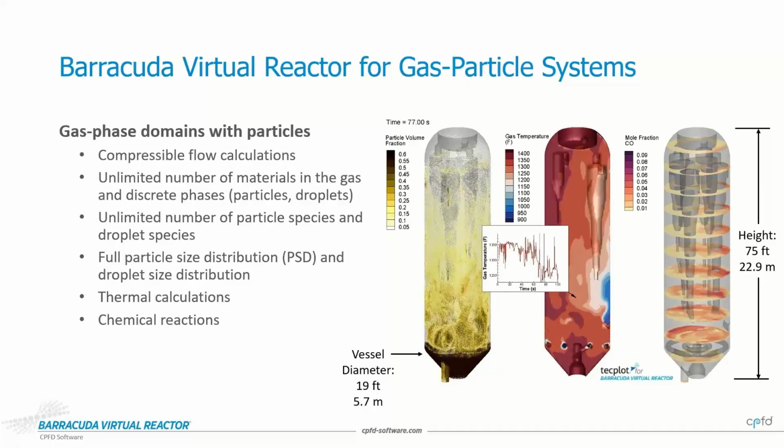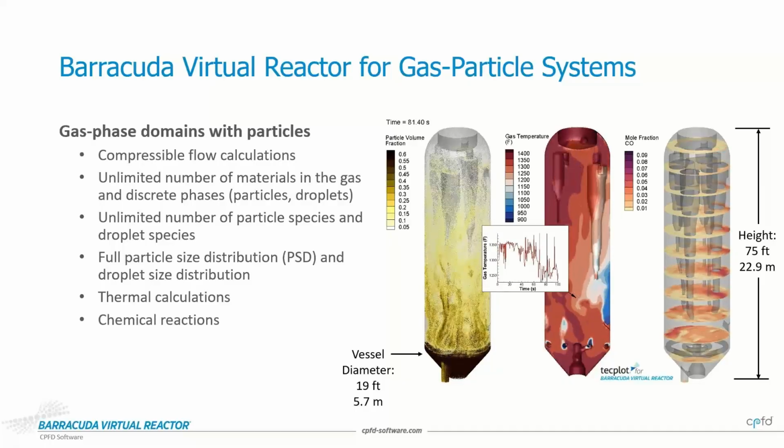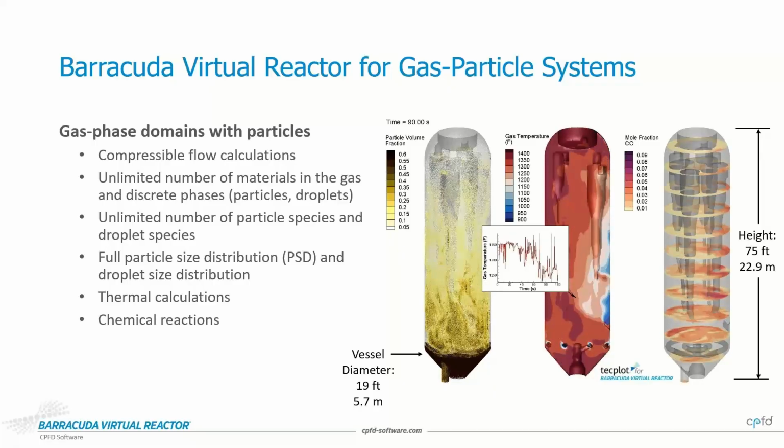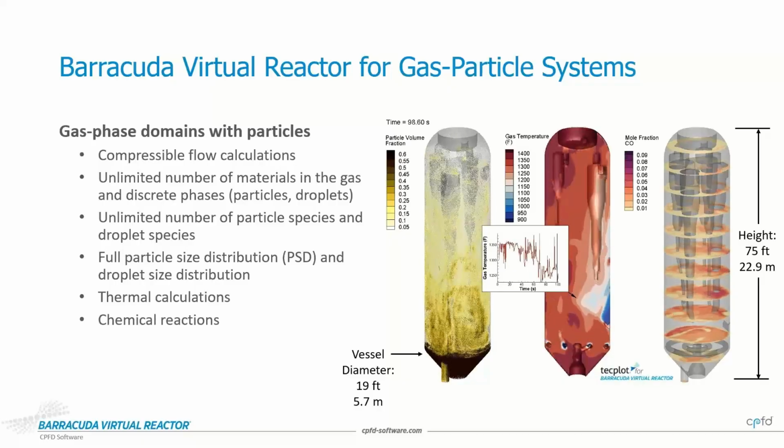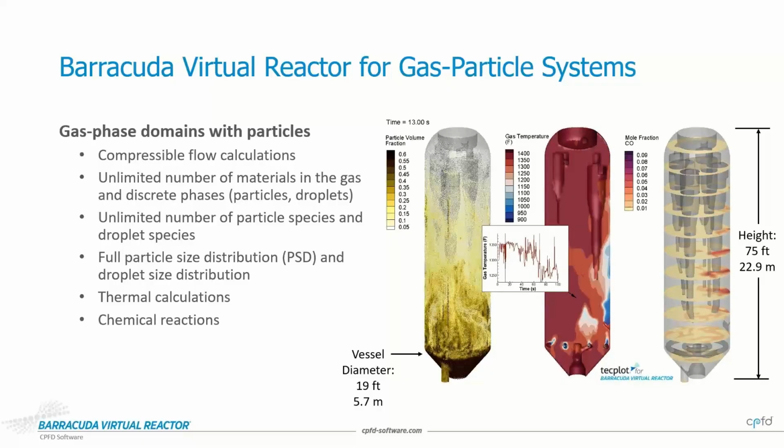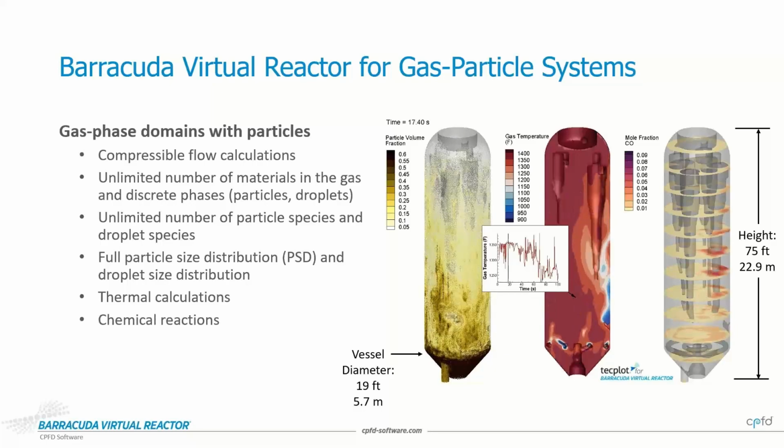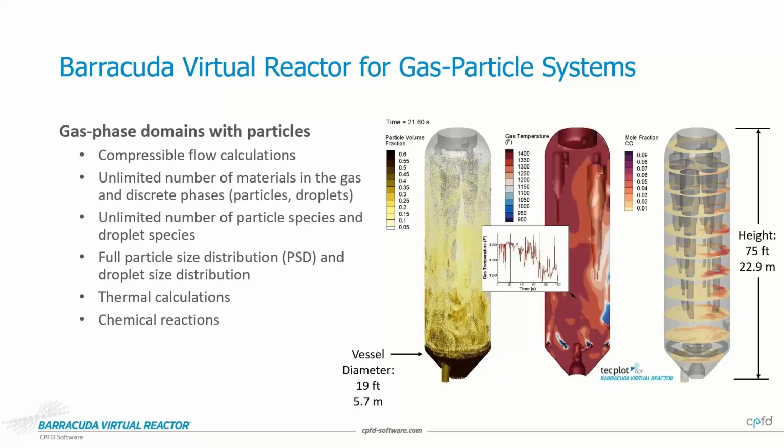Fully user-defined reaction kinetics and drag models are possible, as well as full user definition of material properties. The software allows for unlimited materials in the fluid phase and unlimited particle classes, each with their own drag models, physical properties, material compositions, and particle size distributions.